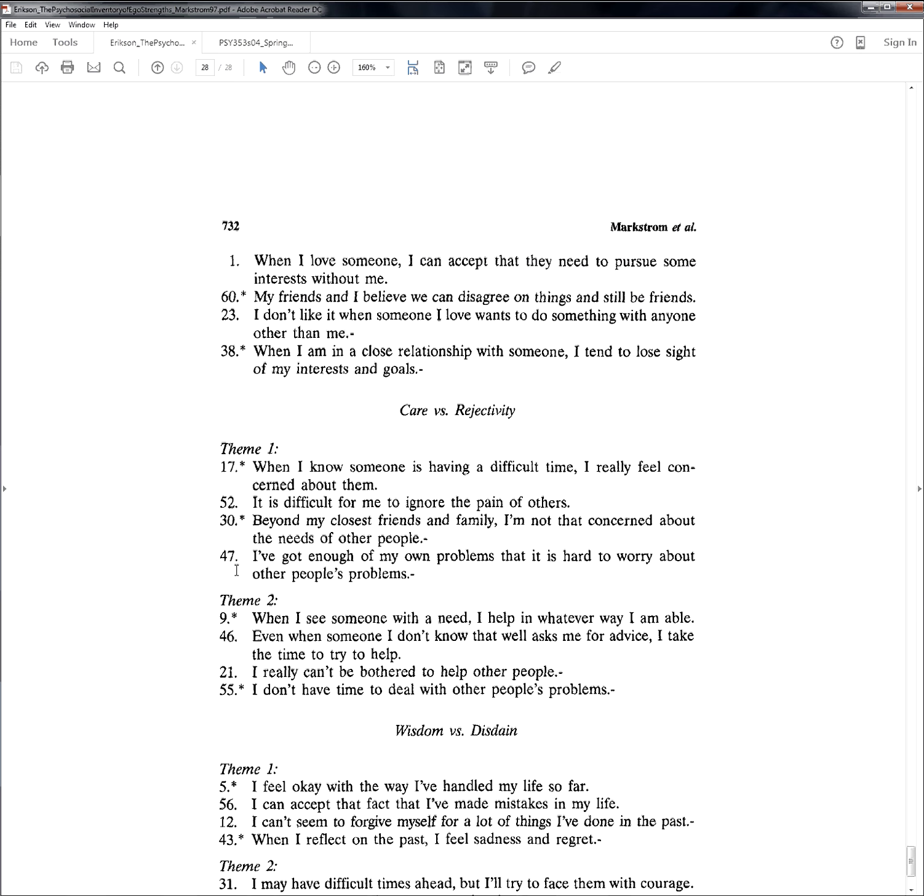And in the end, each and every one of these strengths will have a score that will be the sum of those eight items tapping this ego strength. In the third and last clip, we will talk specifically about scoring and how it will be done.